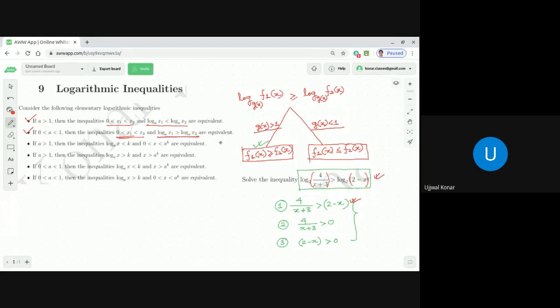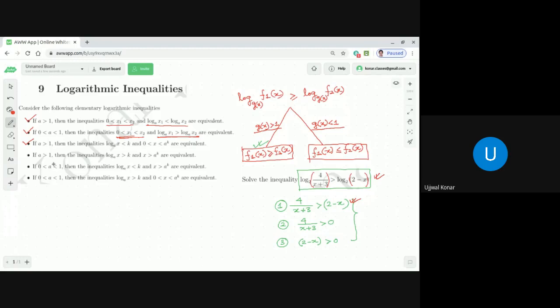Equivalent means one follows the other and vice versa. And that you also understood. Now the third point is that if a is greater than 1, then log x base a less than k and 0 less than x less than a power k are equivalent.